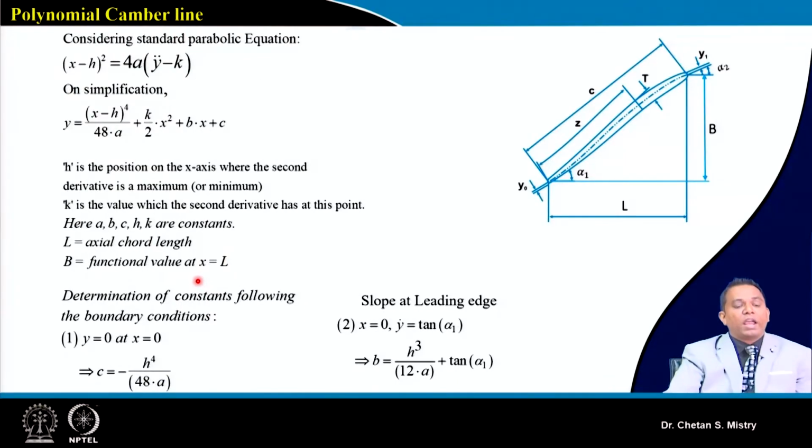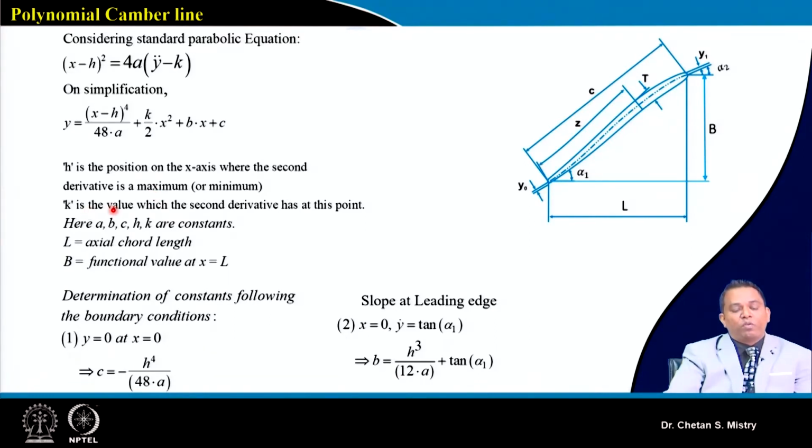Here we are assuming our polynomial camber line equation as (x minus h) squared equal to 4a times (y second derivative minus k). That is a parabolic equation. Now, this is my second derivative. If I simplify that, it will give me the equation in the sense of y equal to f of x. Here, h is the position on the x axis where the second derivative is maximum, which is of our interest.